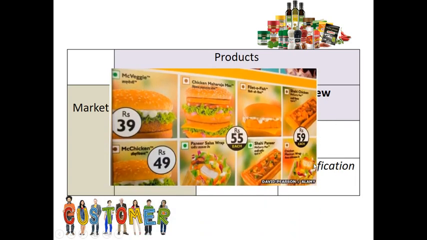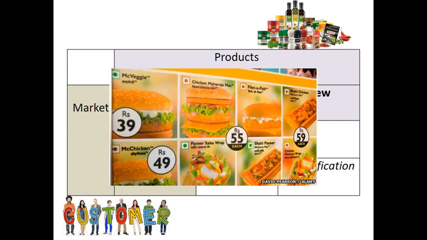An example of when McDonald's have had to diversify is moving to the Indian market, because you can see some of these options here. Some of them may be familiar, but we've got a veggie burger, a chicken maharaja, a paneer salsa wrap, shahi paneer, I think that is.